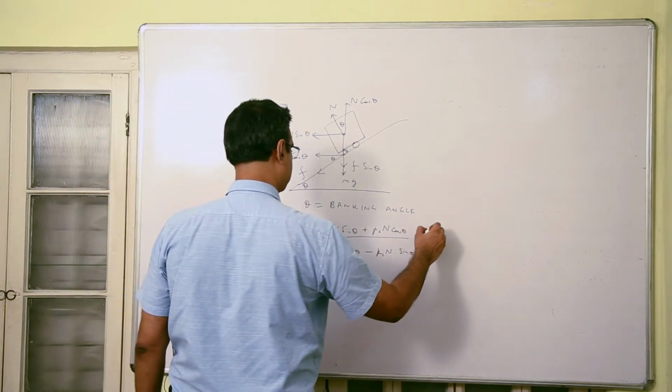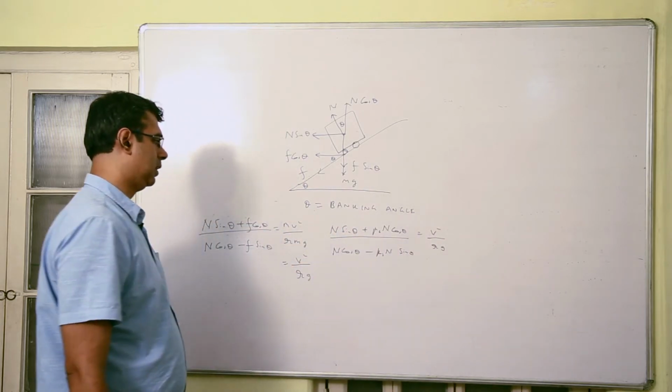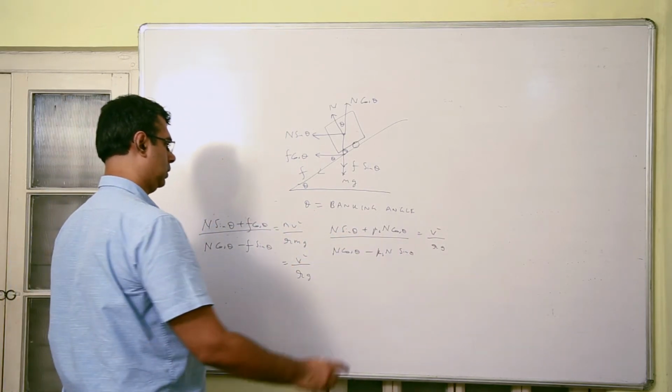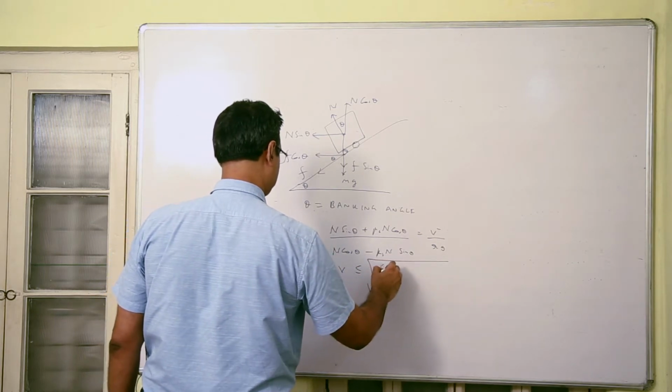In that case, you will get this relation and all the N's will cancel out. So the safe limit for speed will be equal to this.